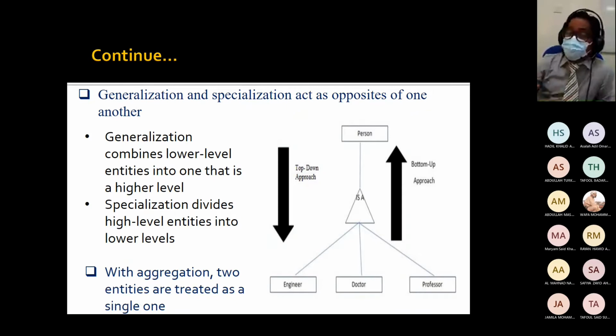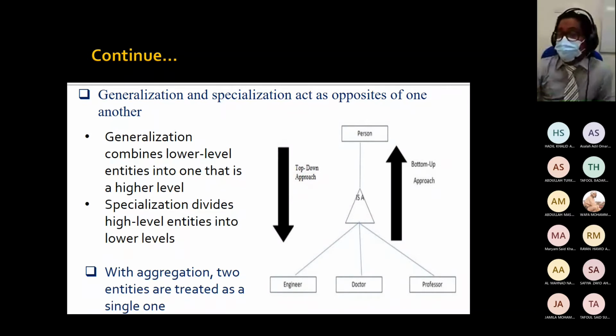Actually, there will be another one which serves as an aggregation. Aggregation means that you might have an approach where you combine things, or maybe they have the same duties, the same thing that they are doing, but you are treating them as a single one. So maybe two entities are treated as one, or three entities are treated as one.